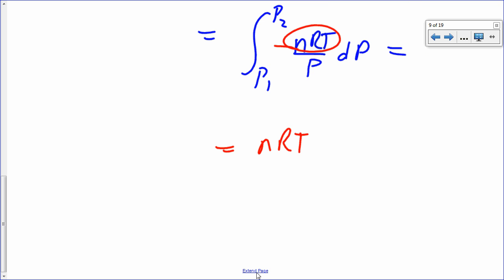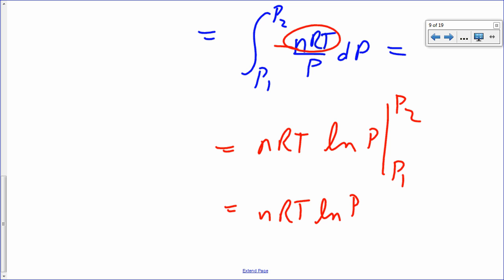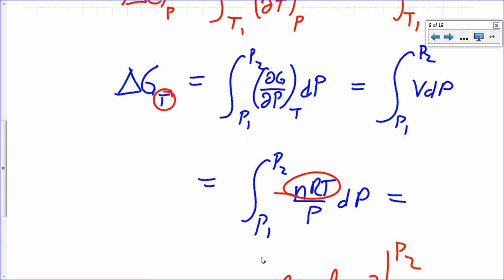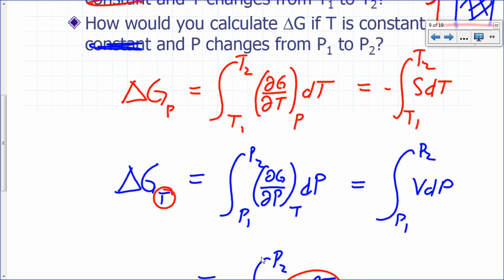What's integral of dP over P? ln of P evaluated from P1 to P2. So that's nRT ln P2 over P1. So that's delta G at constant temperature for a change in pressure of an ideal gas.